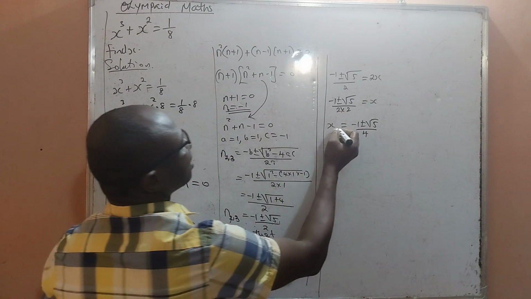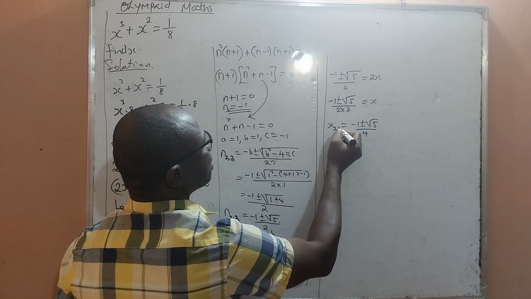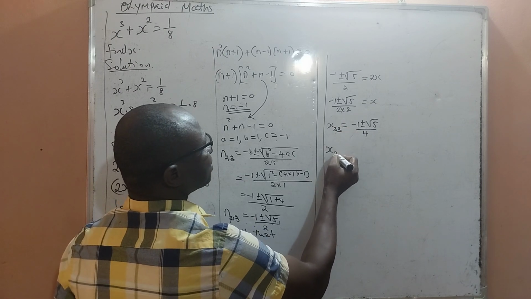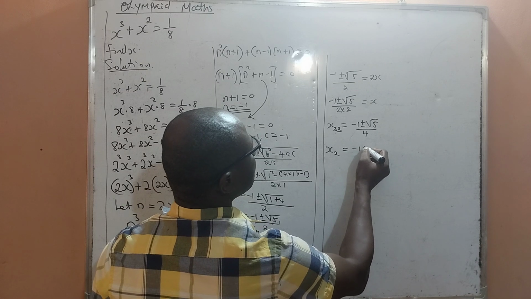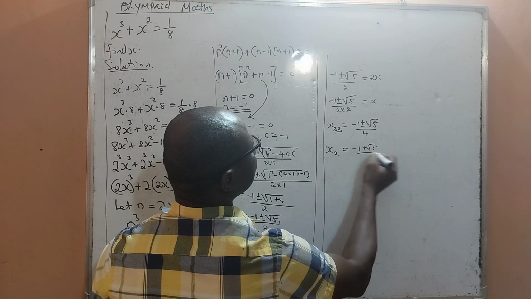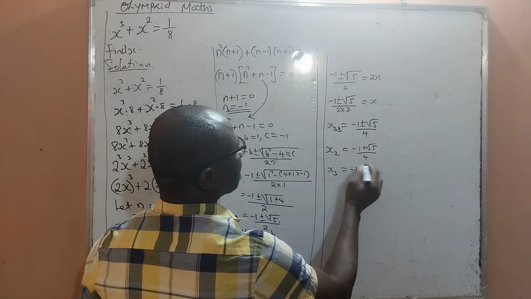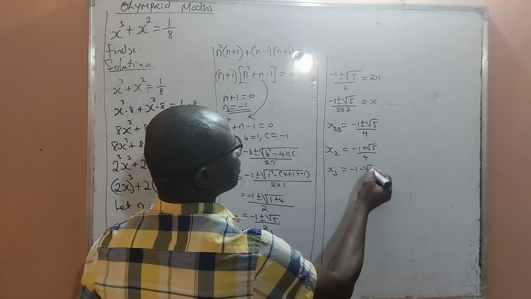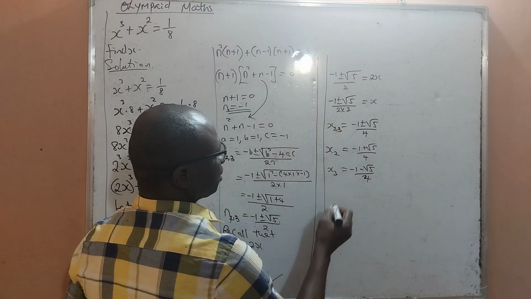In conclusion, now this is x1, x2, x3. Therefore, x2, I have gotten x1 here, is equal to minus 1 plus the square root of 5 all over 4. And x3 is equal to minus 1 minus the square root of 5 all over 4. Good. We are done.